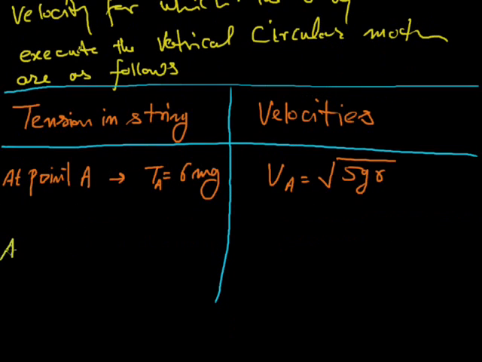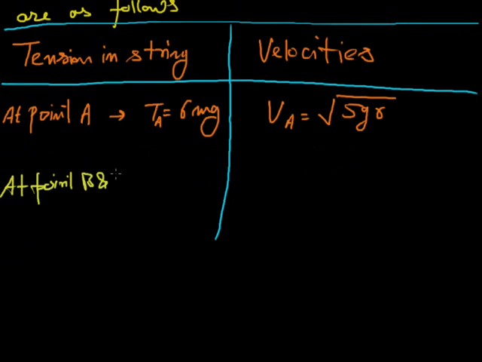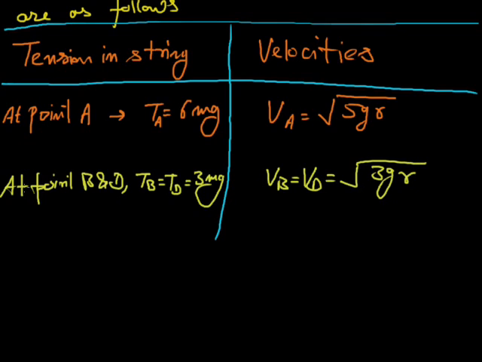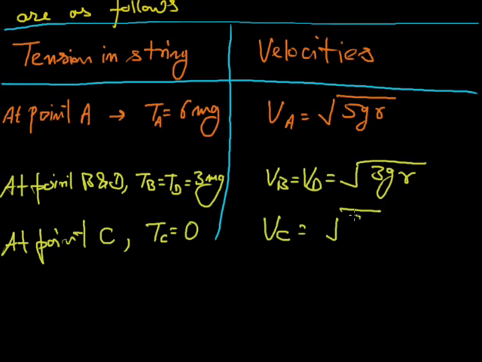At points B and D, TB is equal to TD is equal to 3 mg, VB is equal to VD is equal to root 3gr, and at highest point C, TC is equal to 0 and VC is equal to root gr.